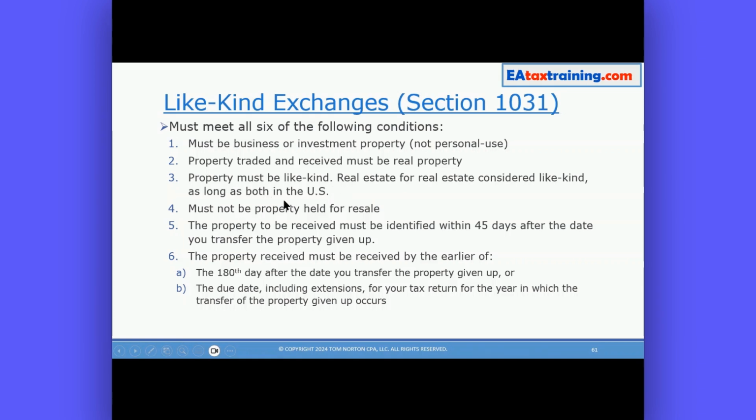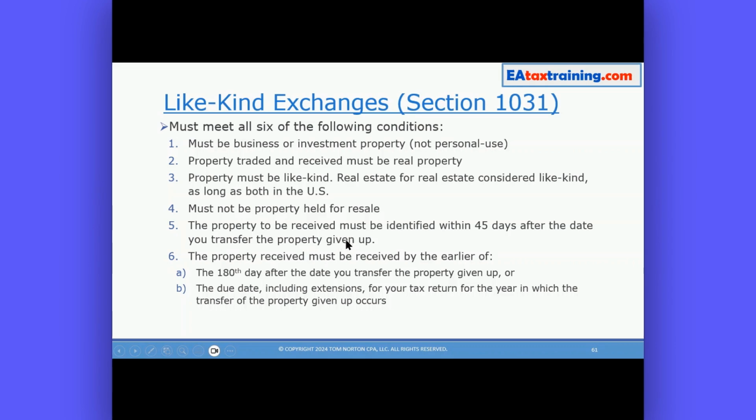The property must not be held for resale. So in other words, you're not a home builder who is going to resell these lots. It's not inventory for you. The property to be received must be identified within 45 days after the date you transfer the property given up.